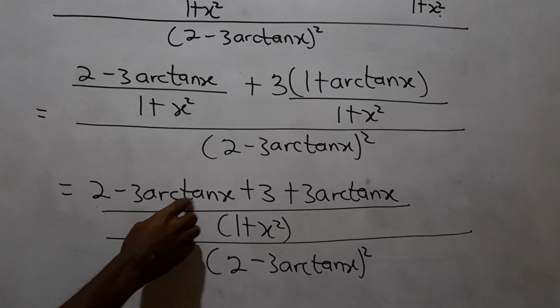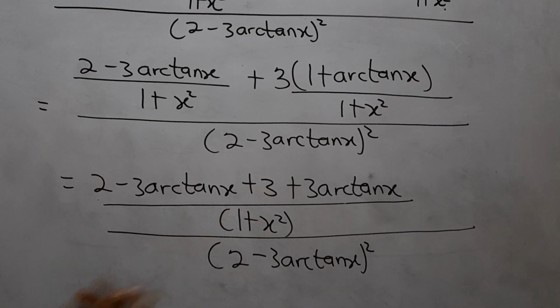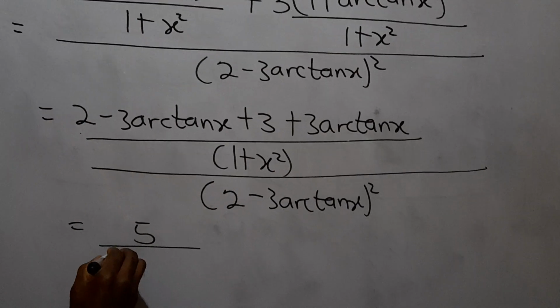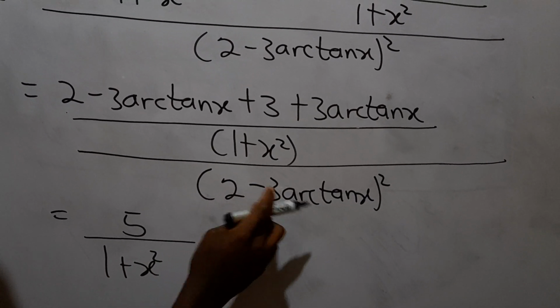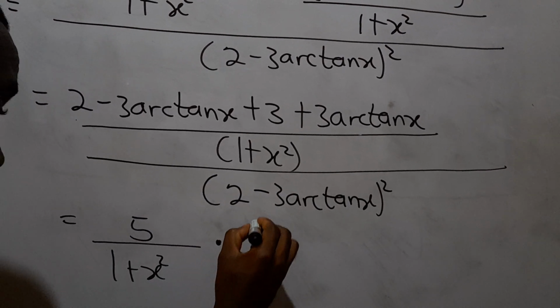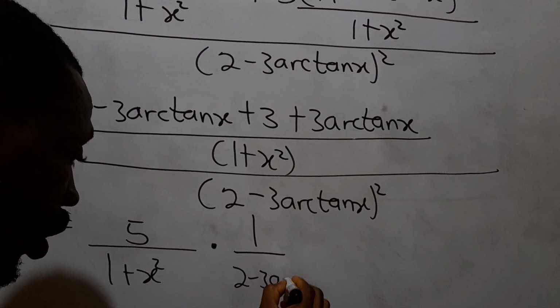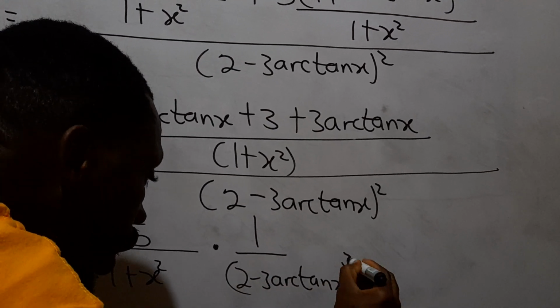See, minus 3 arctan x plus 3 arctan x will be 0. Then 2 plus 3 will be 5. So we have 5 over 1 plus x squared. Because this one is divided, we can reciprocate and multiply. So we say 1 all over 2 minus 3 arctan x all squared.